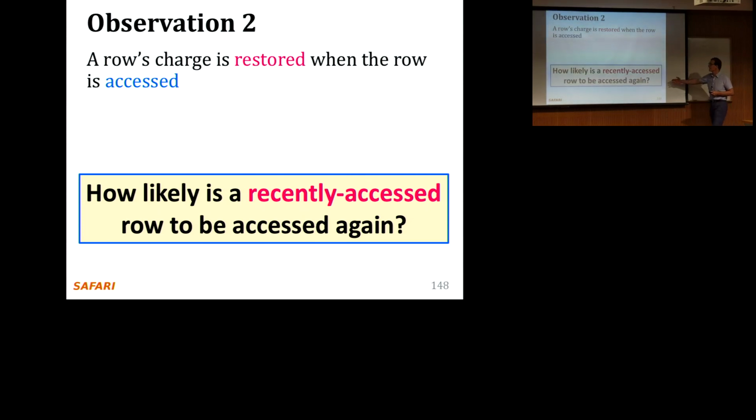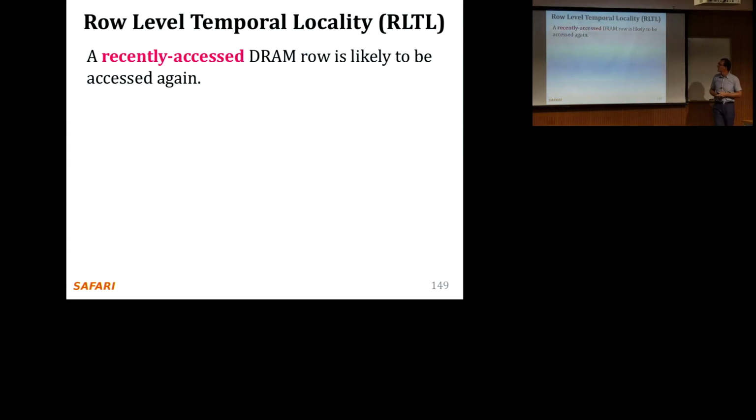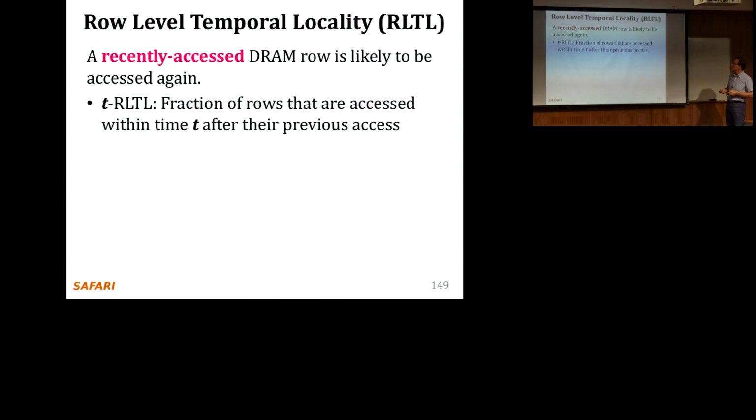Then the next question is, how likely is a recently accessed row to be accessed again? You could also ask, how likely is a recently refreshed row to be accessed? But refresh is asynchronous to accesses, so there is no correlation between those. But there is a huge correlation between accesses and accesses to the same row. Basically, because of bank conflicts, a recently accessed DRAM row is likely to be accessed again.